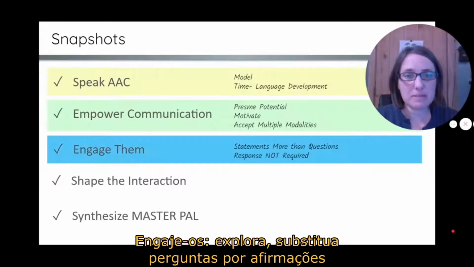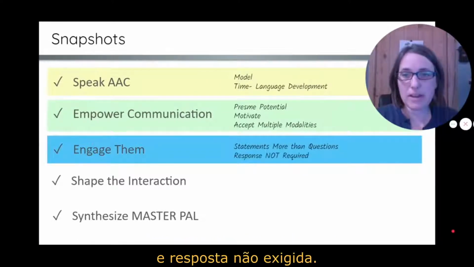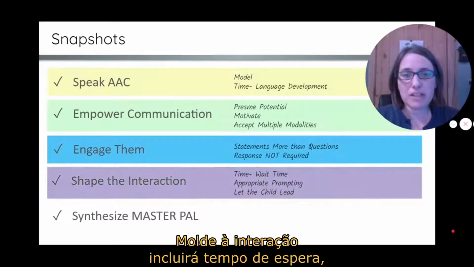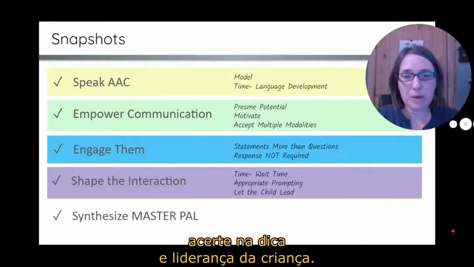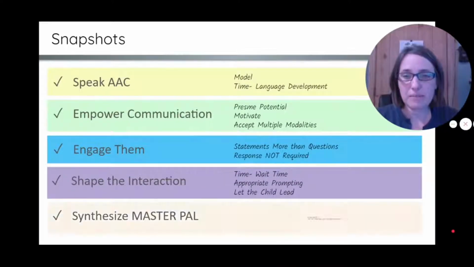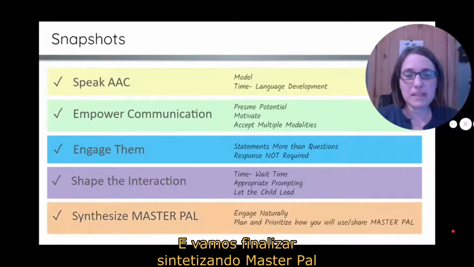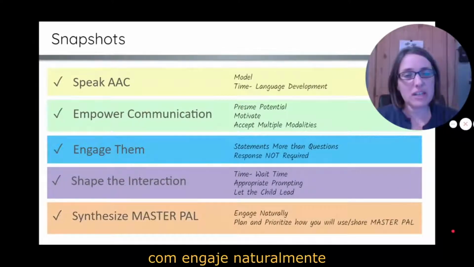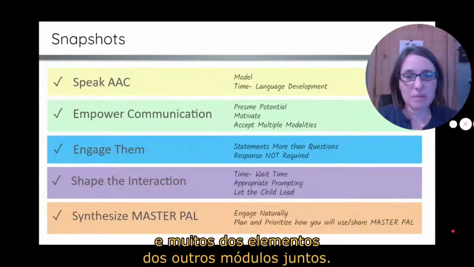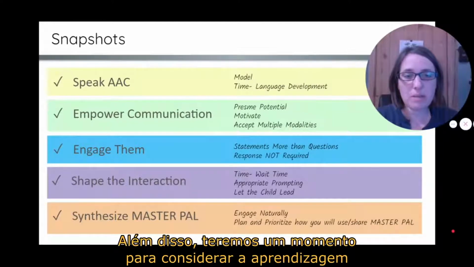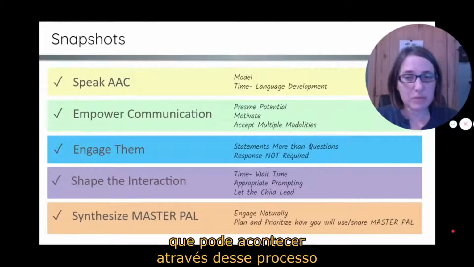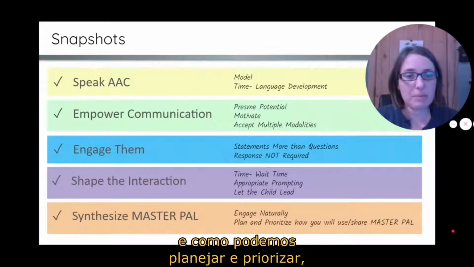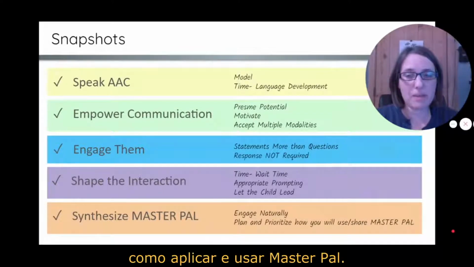Engage them explores statements more than questions and response not required. Shape the interaction will include wait time, appropriate prompting, and let the child lead. And then we'll finish by synthesizing MasterPal. Engage naturally pulls many of the elements of the other modules together. And then we'll also take a moment to just consider the learning that can happen through this process and how we might plan and prioritize how to apply and use MasterPal.